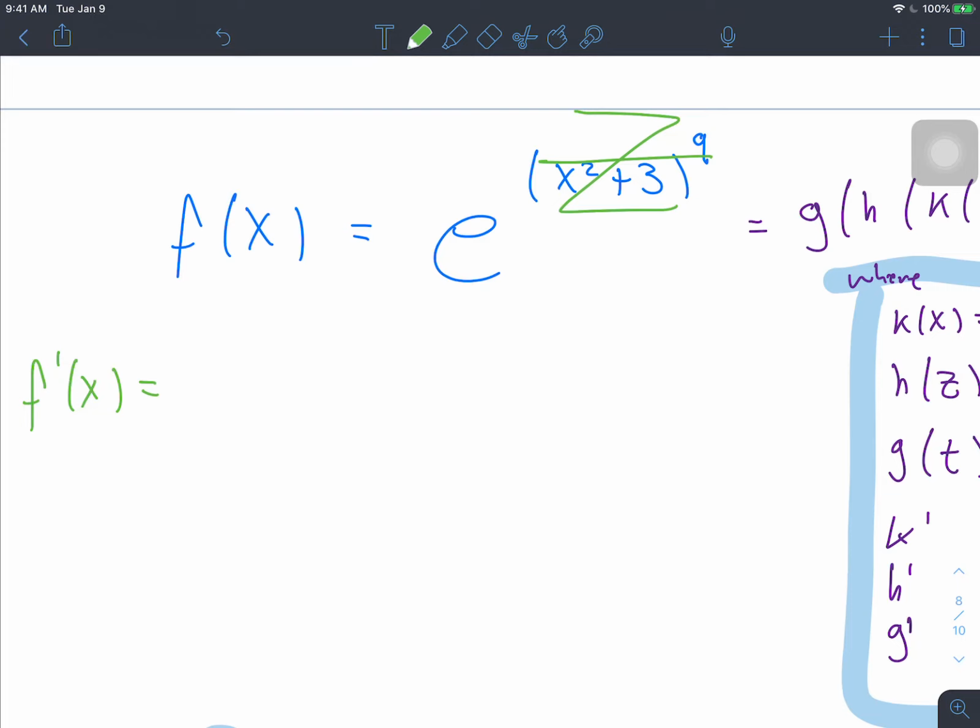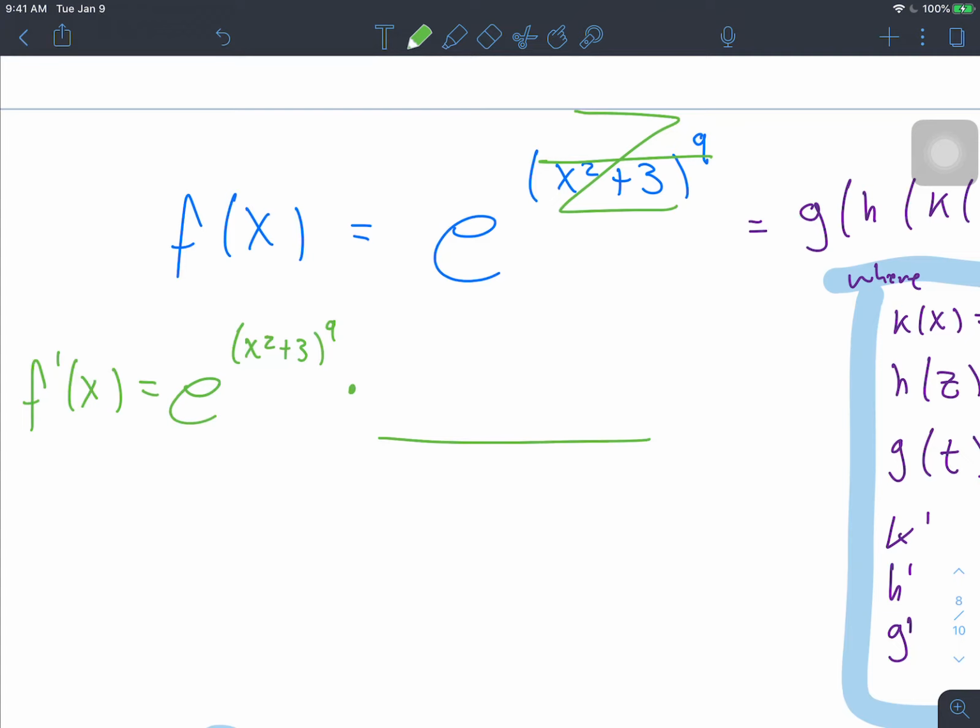So I'm just going to rewrite e to the whatever that thing was before, x squared plus 3 to the power 9th. And now, what needs to go in this blank should be the derivative of x squared plus 3 to the power 9.